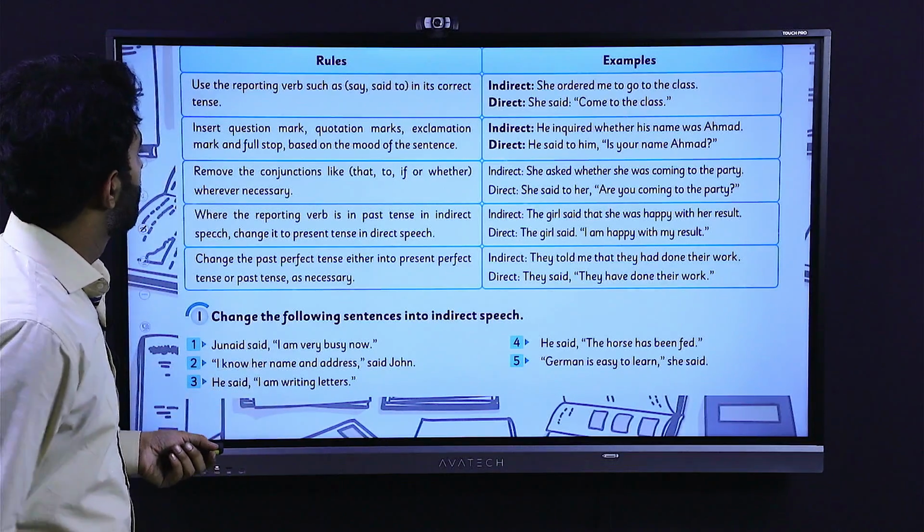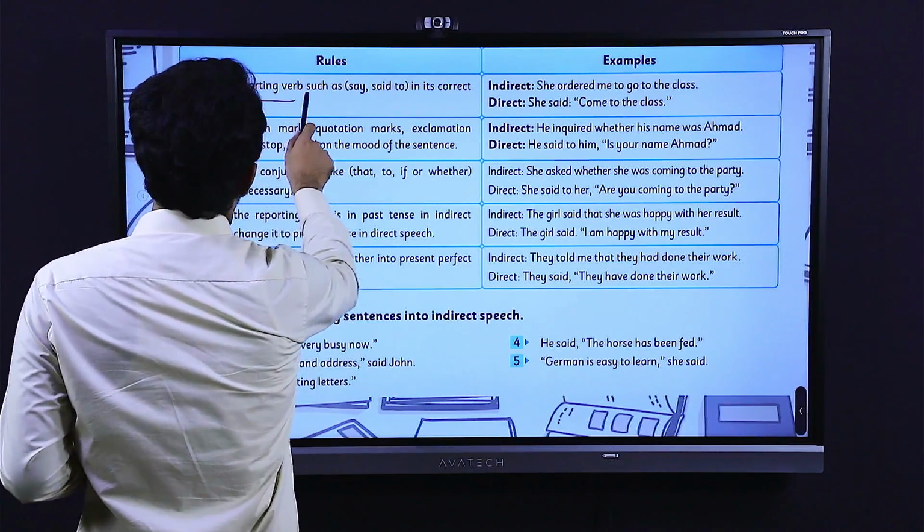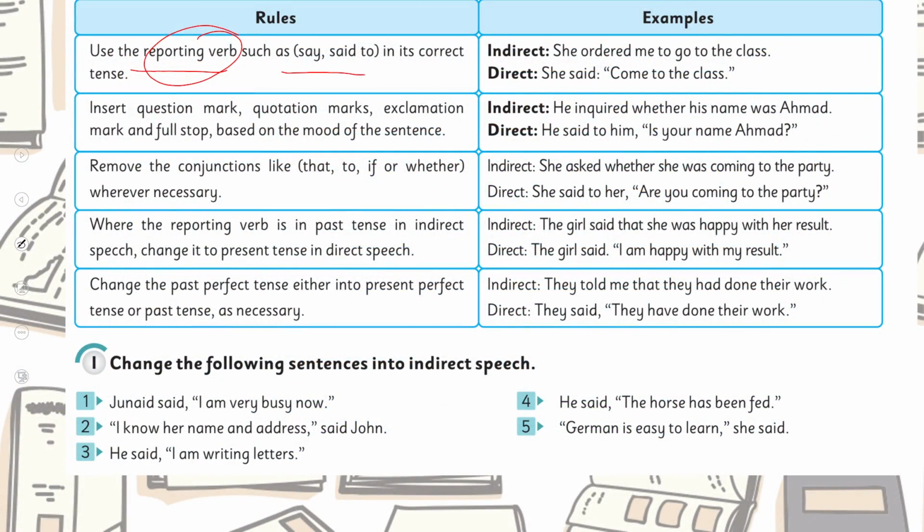Now, we will use the reporting verb such as say, said to in its correct tense. For example, she ordered me to go to the class. She said, come to the class. This is our direct and this is our indirect speech.